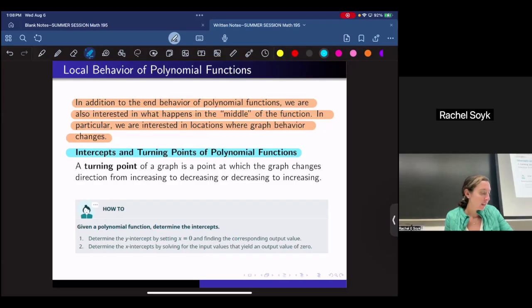And it's sort of like the preview into the intermediate value theorem, which is a very important theorem for identifying potential roots for your function. A turning point of a graph, as I subtly stated, is just when you're going from increasing to decreasing or vice versa, decreasing to increasing.